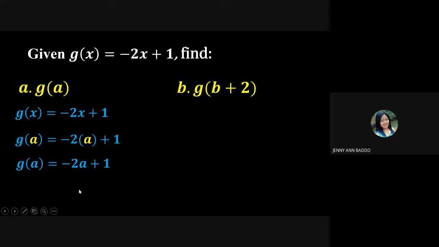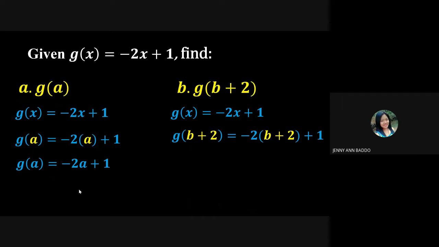Another example, g of b plus 2. By substitution, we now have g of b plus 2 equals negative 2 times b plus 2, plus 1. So we have negative 2 times b plus 2, that is negative 2b minus 4 by the distributive property, then plus 1.